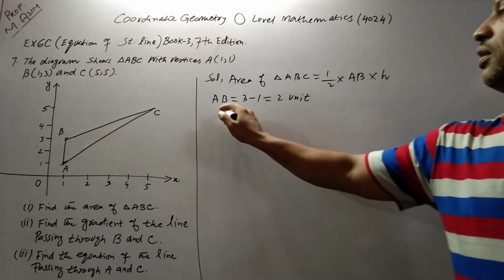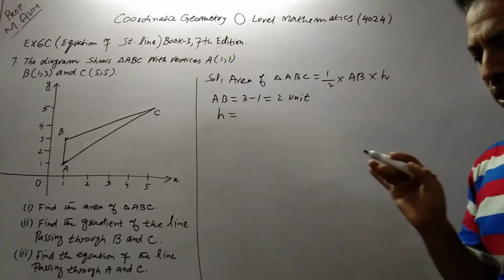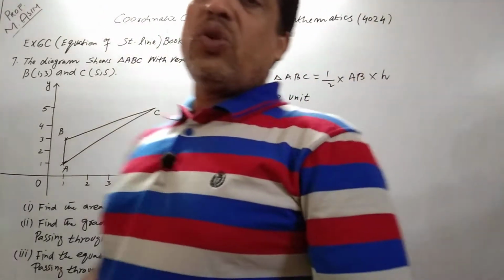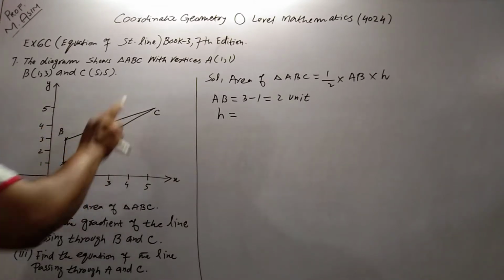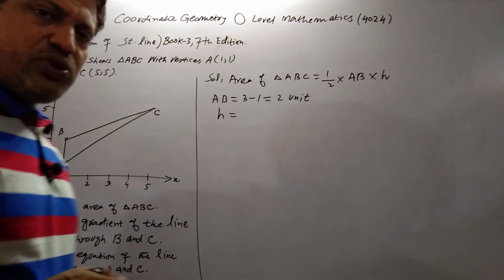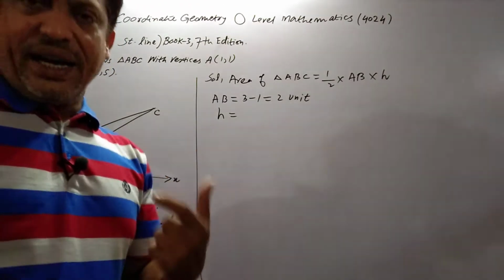Now, as there is no perpendicular line in this triangle, we cannot assign any length AB, AC or BC as height. So what should we do to find the height?